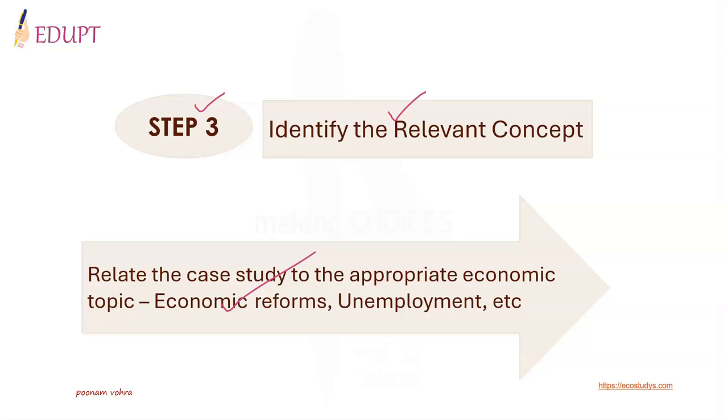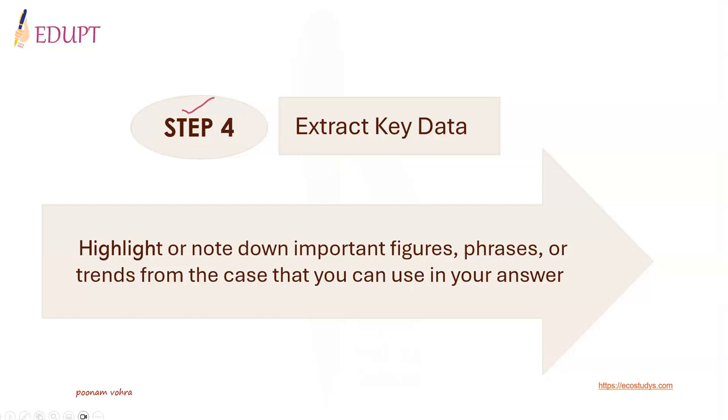So, for example, a case is provided which is discussing the rising unemployment rates. So you need to identify that this is the case that relates to any issue relating to unemployment in the country.